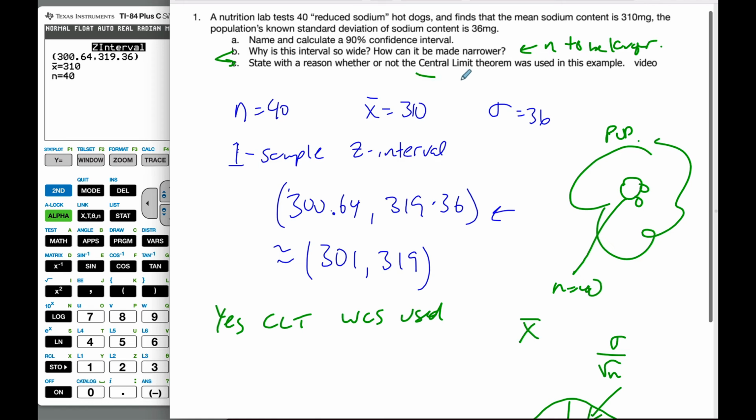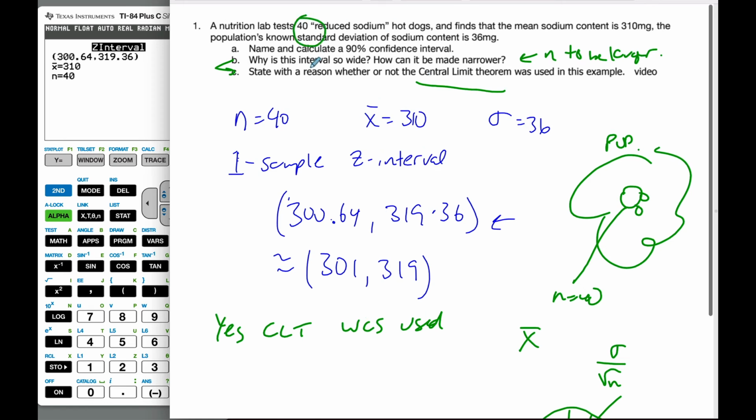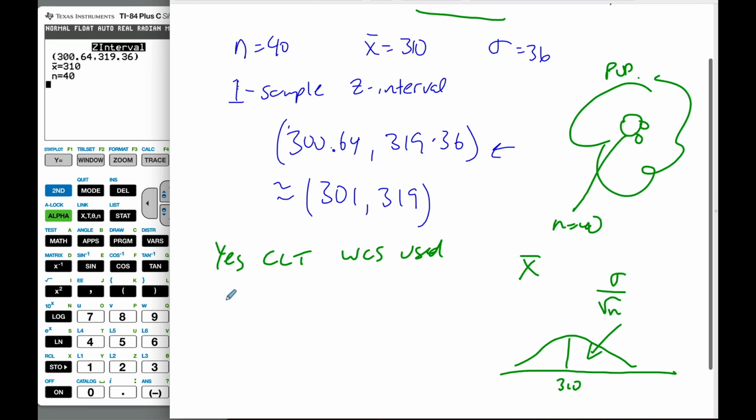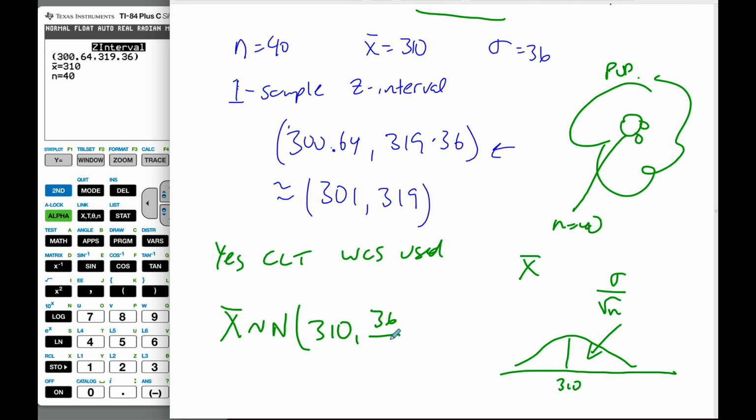And I am allowed to use the central limit theorem because N is larger than 30. And since N is larger than 30, I can use the CLT, and it makes a normal distribution. So the random variable of all the means is a normal with a mean of 310 and a standard deviation of 36 divided by the square root of 40.